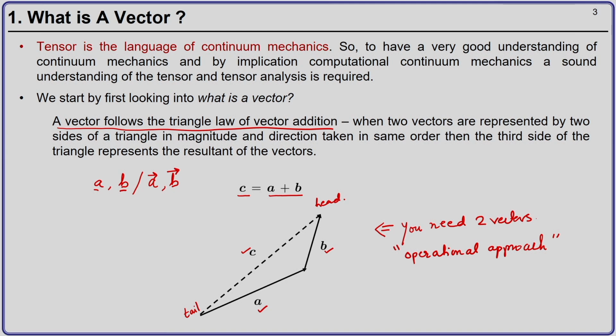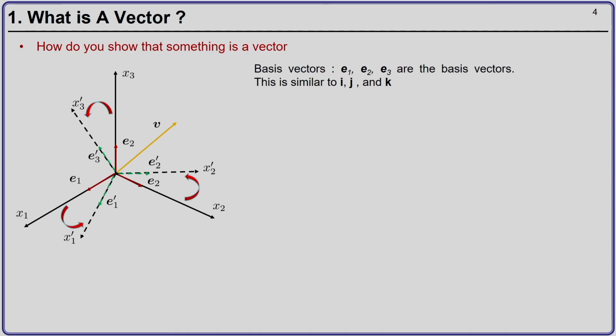Okay. So, we would like to define a vector in a much more refined way. And for this we come to how the components of a vector transform when the coordinate system changes.